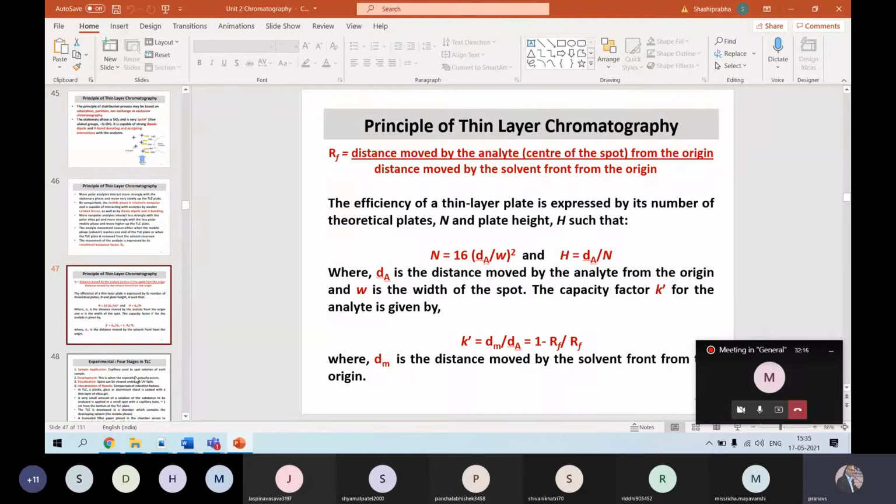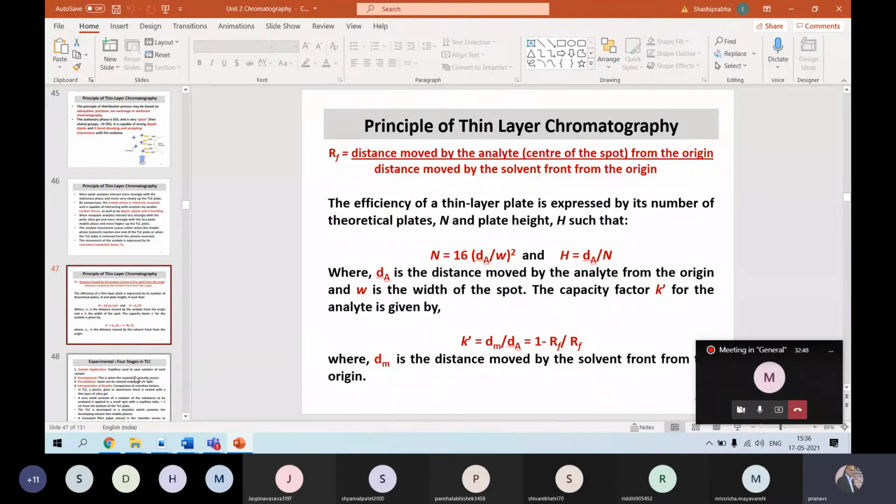And like in other techniques, we need to find out the efficiency of separation in thin layer chromatography as well. And for that, we find out the number of theoretical plates, which is again given by this formula. N is equal to 16 (dA/W)². dA is the distance moved by the analyte from the origin.